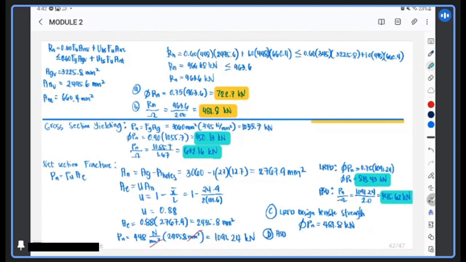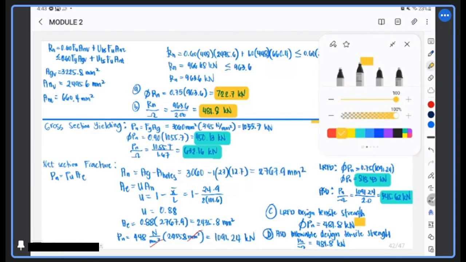So, for ASD allowable design tensile strength, Pn over omega is equal to 481.8 kilonewton. So that's the answer, guys.